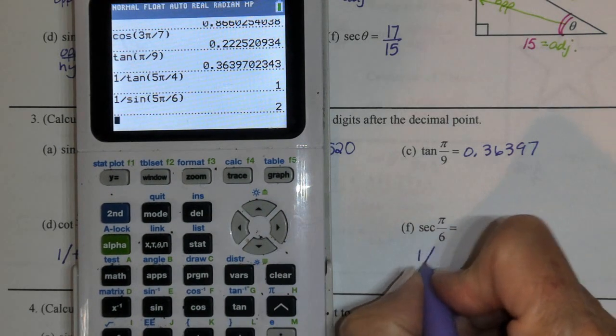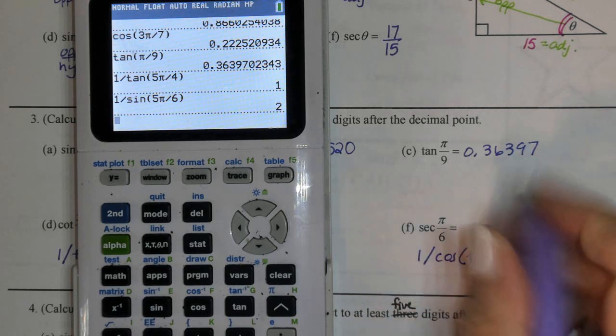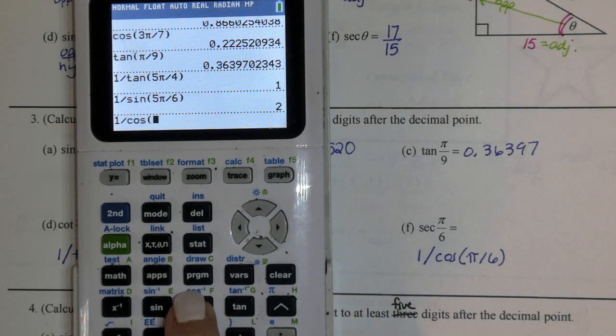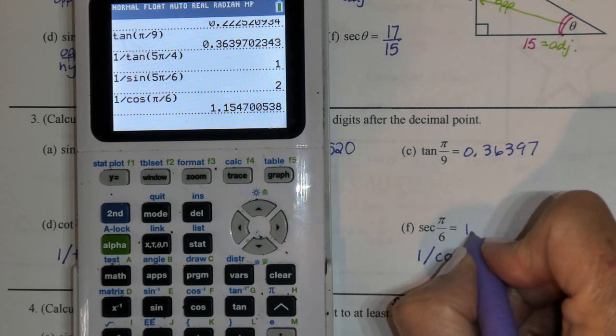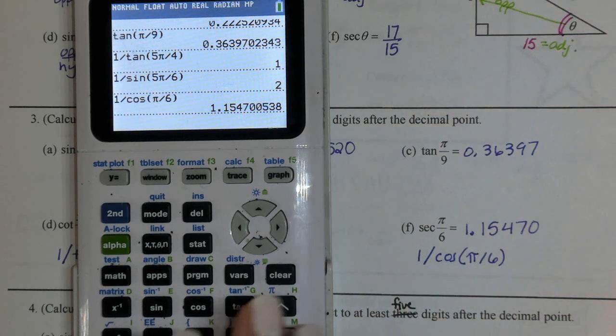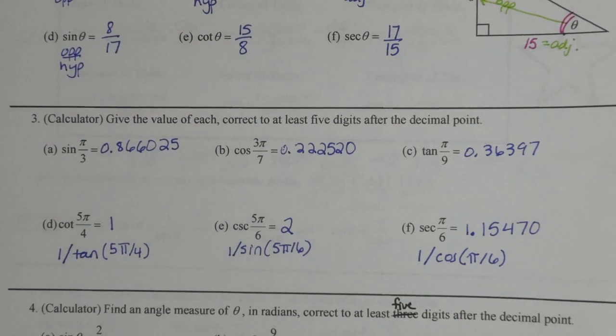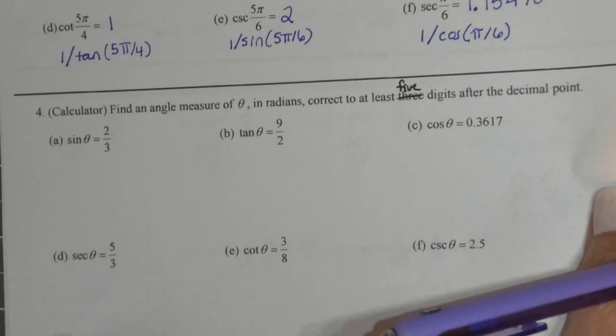Secant is 1 divided by cosine. So 1 divided by cosine of pi over 6 is 1.15470. At least 5 digits after the decimal point. Okay. Next up.